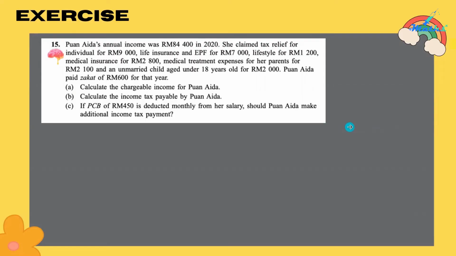Puan Aida paid zakat of 600 for that year. So question A, calculate the chargeable income for Puan Aida.